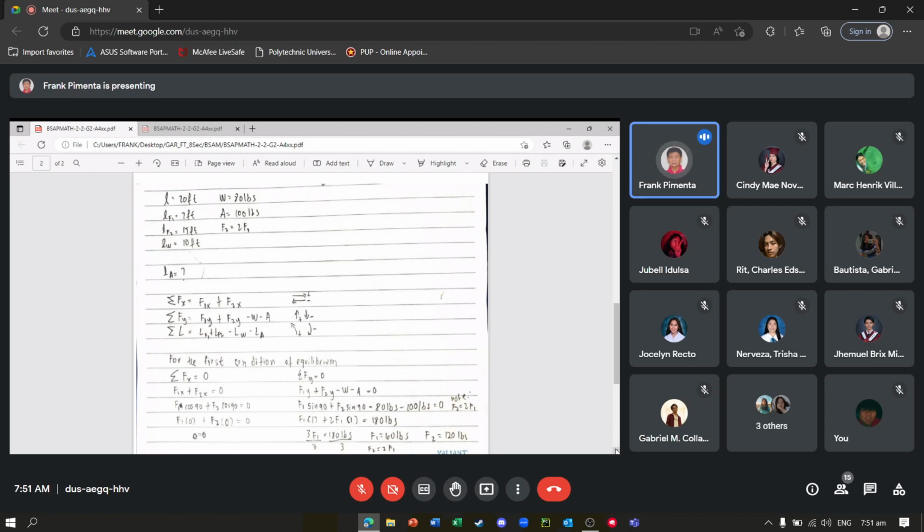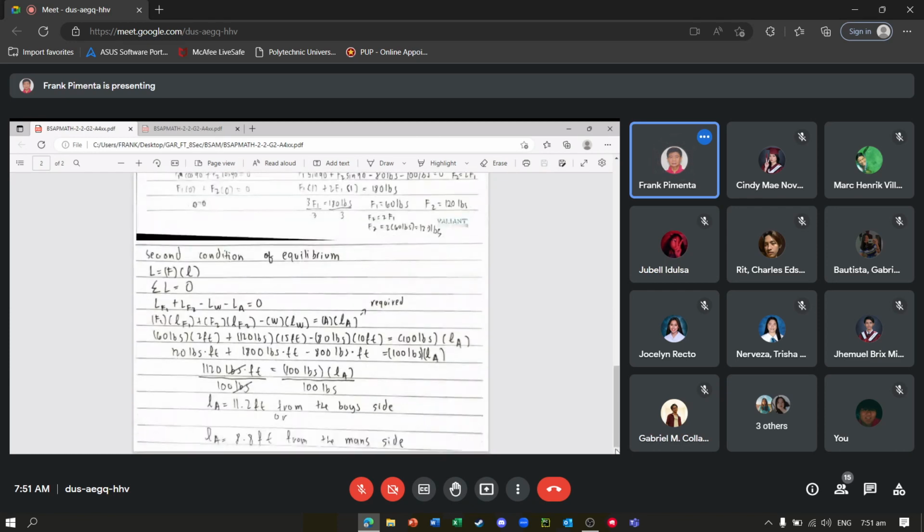Also, in the second condition, L equals F times L. Bakit L ang ginagamit dito? S ang moment arm doon sa module. It should be L equals F times S, where F is the force, S is the moment arm.